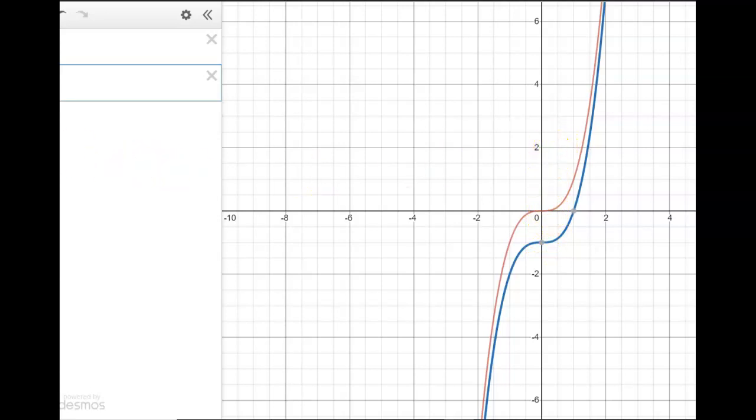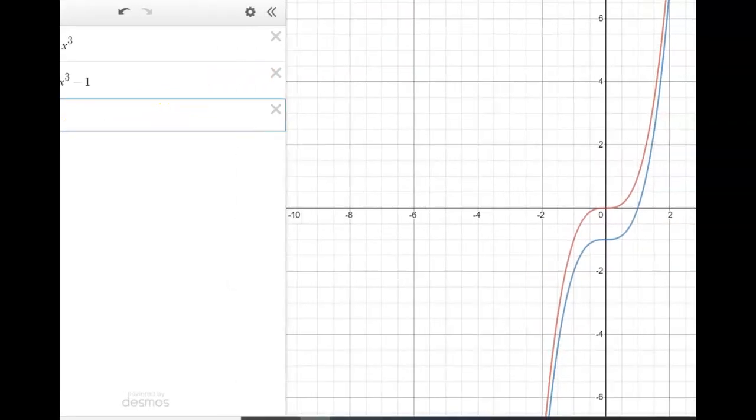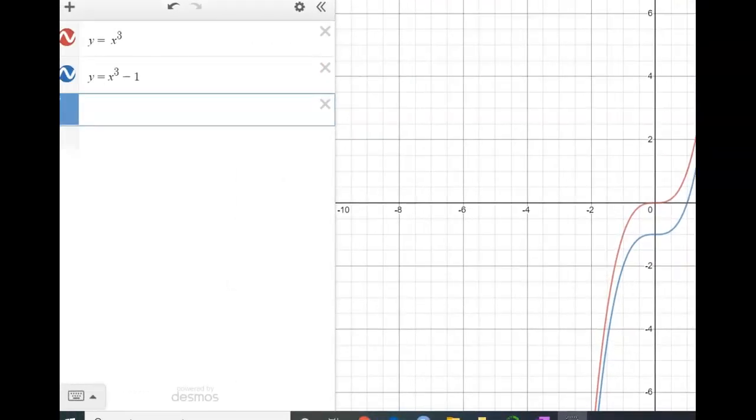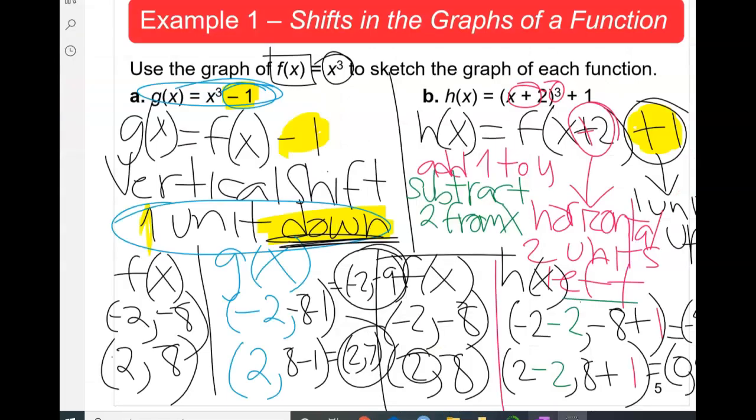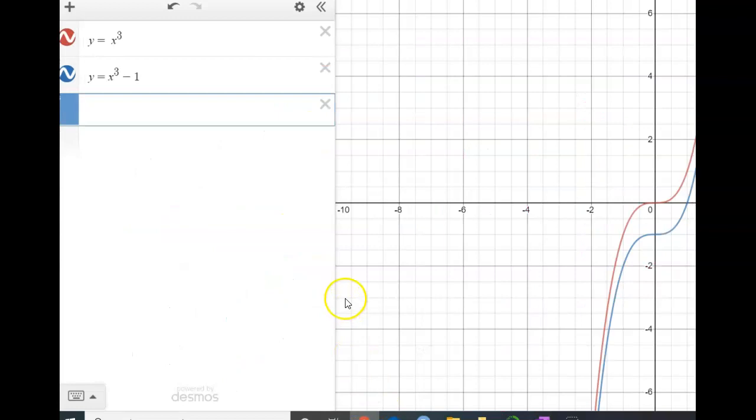Okay, so let's graph one more, and now we're gonna graph the one that had the double shifting. So that was horizontal with the +2 and then a +1 outside. So let's go there, +2 inside parentheses. So I'm gonna enter x +2.